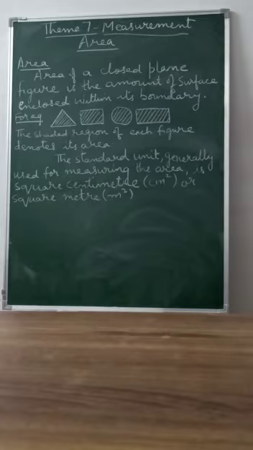So I can say the standard unit generally used for measuring the area is square centimeter or square meter. Like in the perimeter we used to write only a single unit, meter or centimeter. But now when we do the area, we will write centimeter square or meter square.